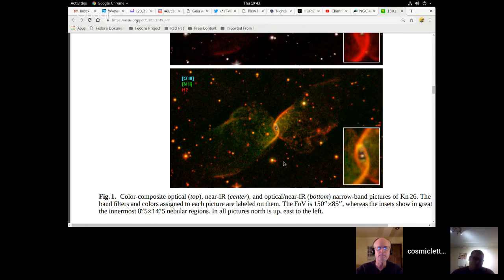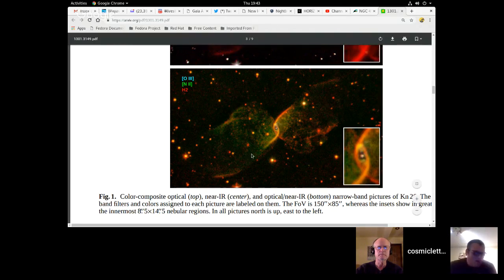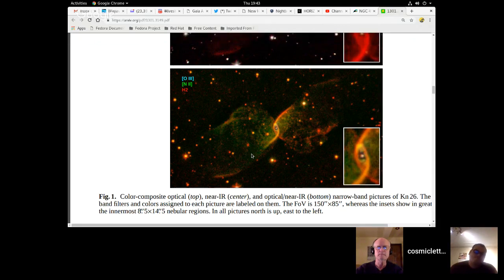There's all this red stuff here, and this is yellow, which is, I don't know, is that blue and green? Does that make yellow? I think so. So it seems to be along this edge there's hydrogen, and along this edge there's sort of nitrogen and oxygen. Kind of interesting. Cool.